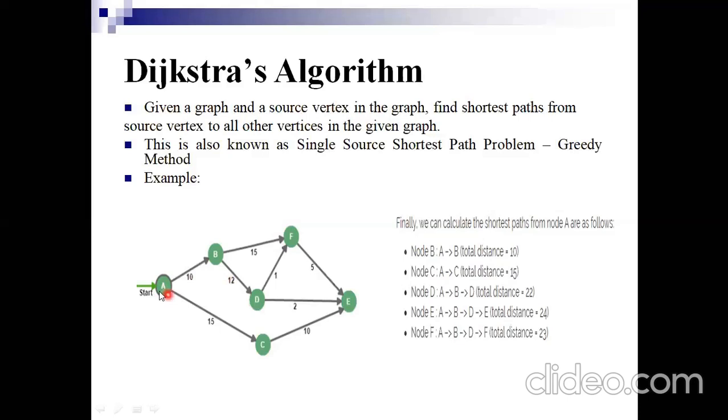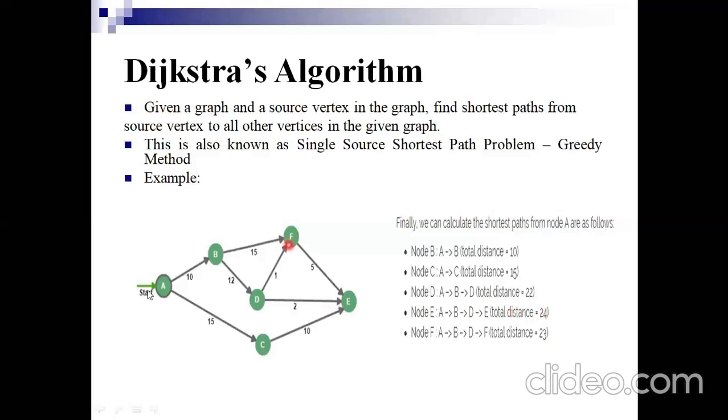But if I take the path A to B, B to F, then F to E, the distance is 10 plus 15 plus 5, which is equal to 30. I am interested in the shortest path, so I will select the path A to B, B to D, D to E, whose distance is 24.